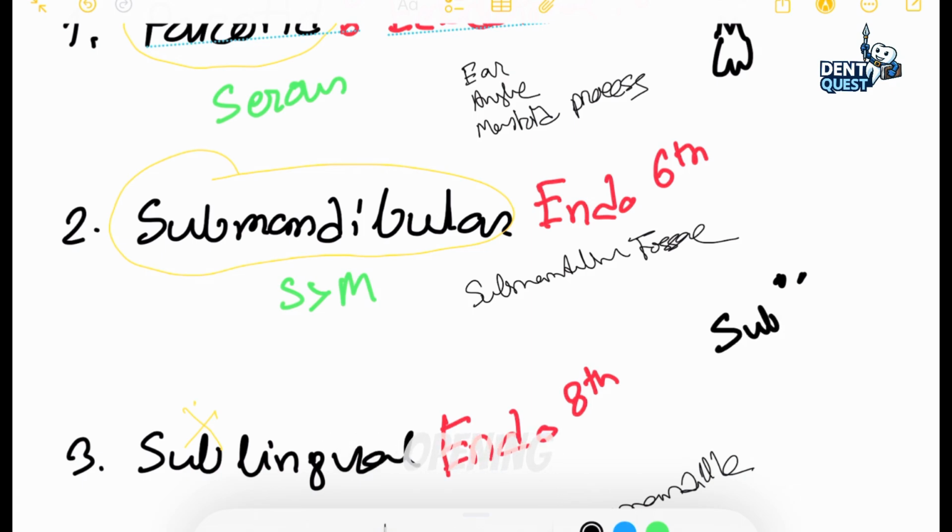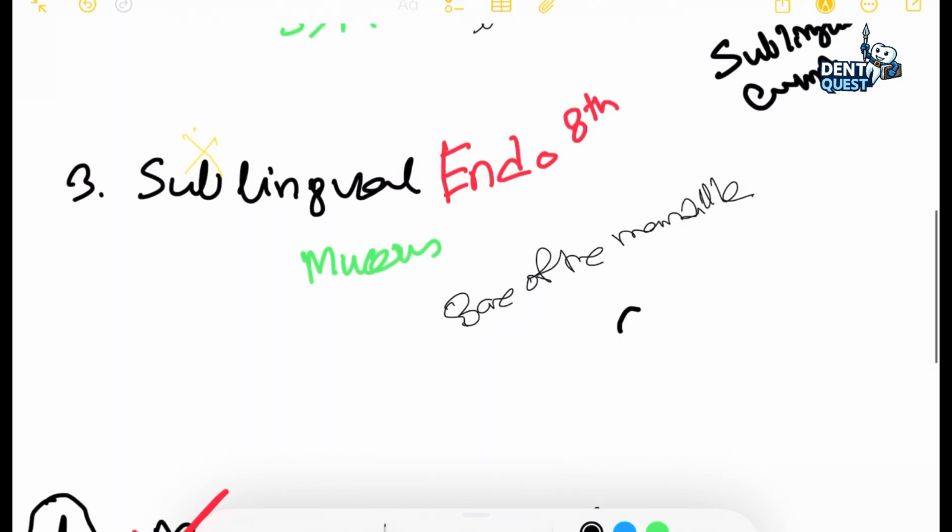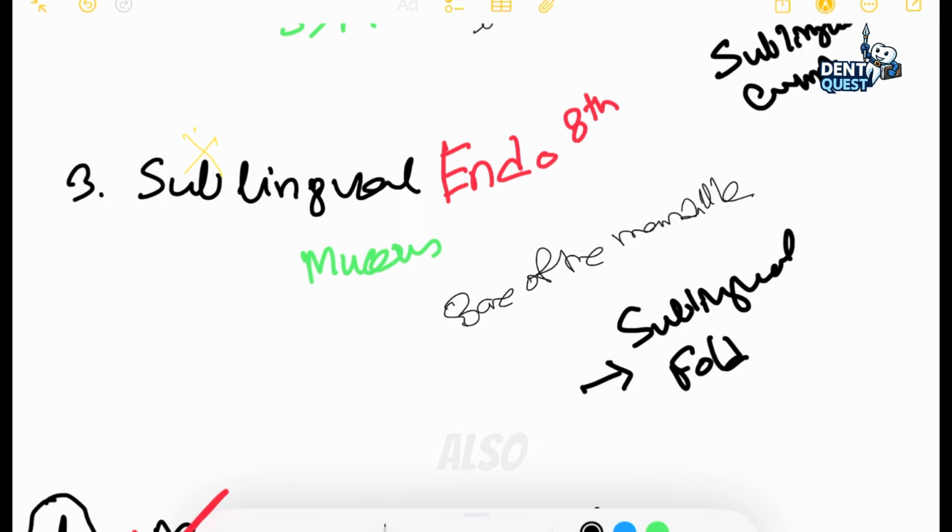The submandibular opening is the sublingual caruncle, and 10 to 12 ducts of the sublingual gland open on the sublingual fold.